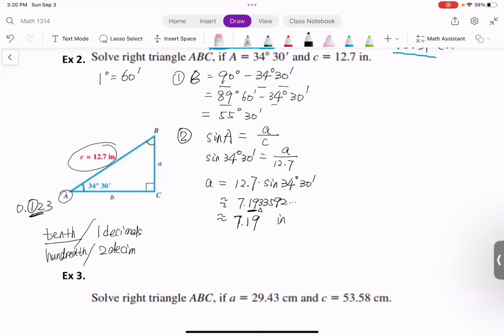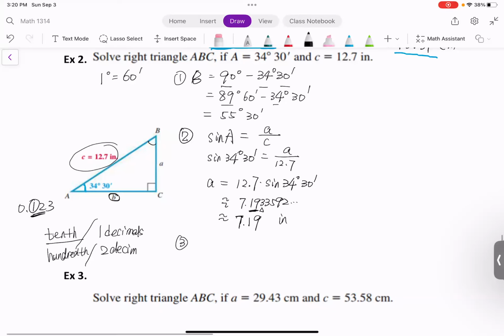How about the B? B is adjacent to angle A and the hypotenuse is given, so we can use cosine. So cosine A equals what? Adjacent over hypotenuse. That's C, that's 12.7.